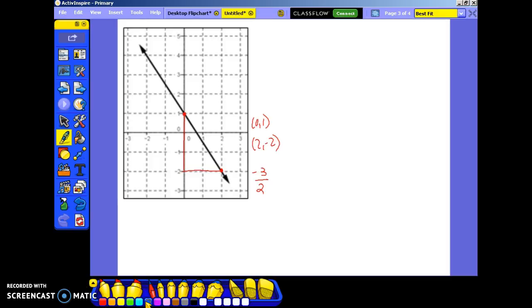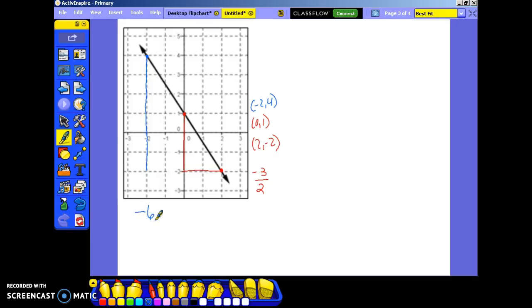I can pick one more point just to check. I'm at -2, +4. To go from up here to down here, I'm going down 1, 2, 3, 4, 5, 6. So that's negative 6.